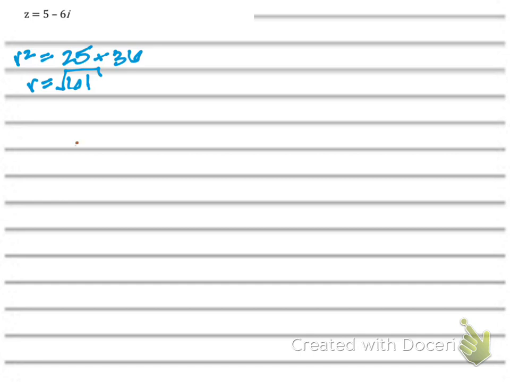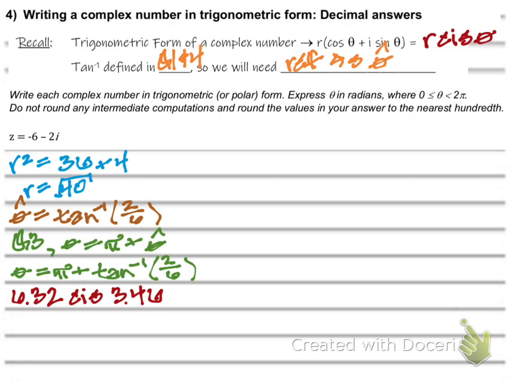We said that we are in quadrant, let's see, positive, negative. So we're in quadrant 4, right? Let's go ahead and find our theta hat. If you notice here, it does say where theta is between 0 and 2 pi, right? So they don't want a negative angle.